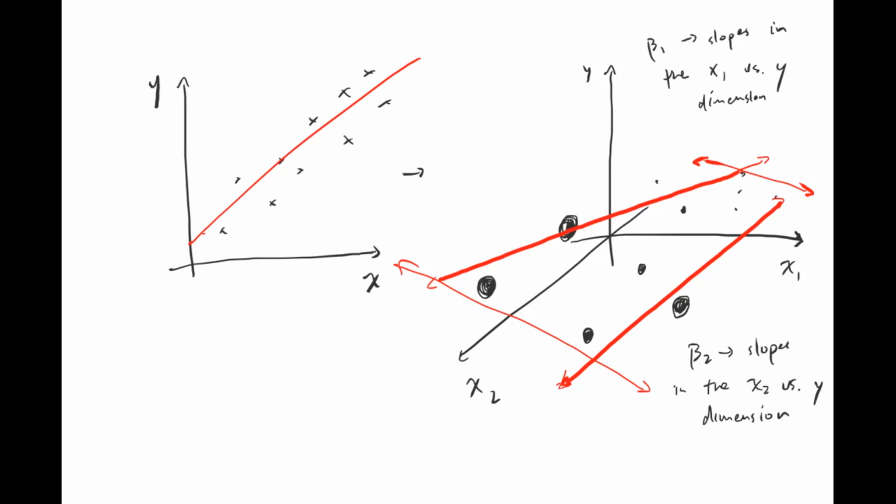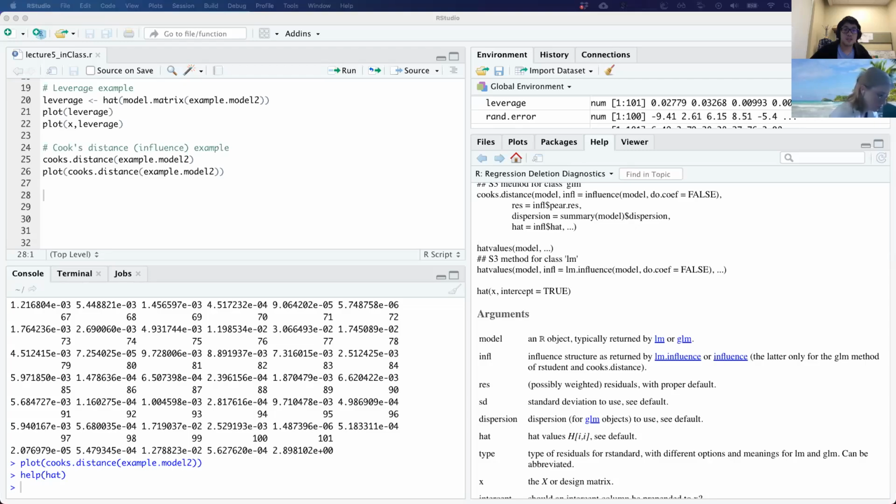So let us take a look at an example of this in the code. We'll do multiple variable regressions, and I am going to create a couple of different x's this time.